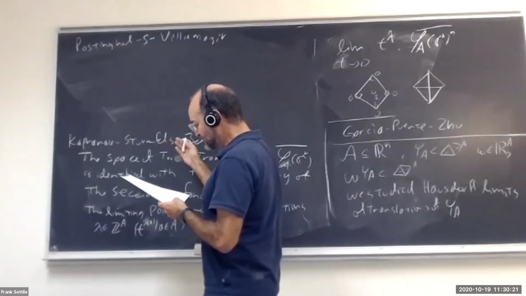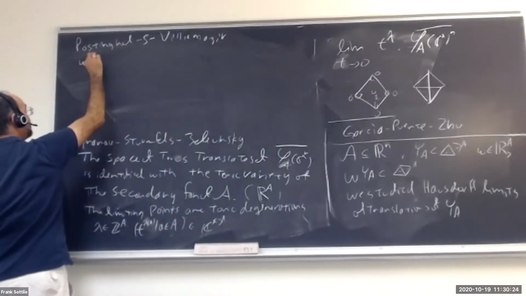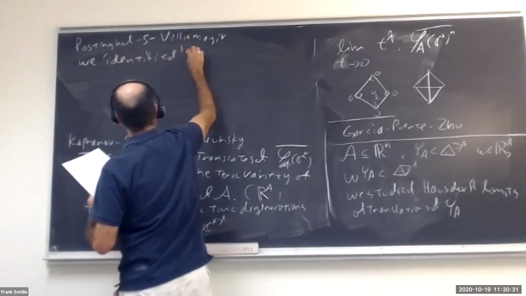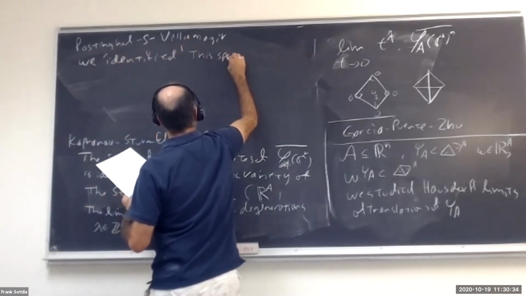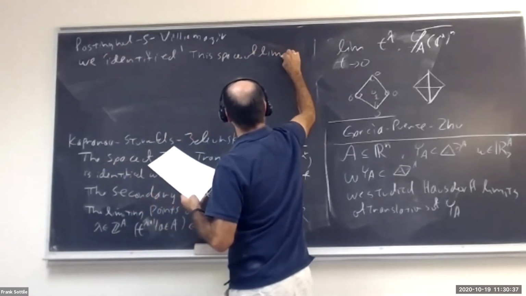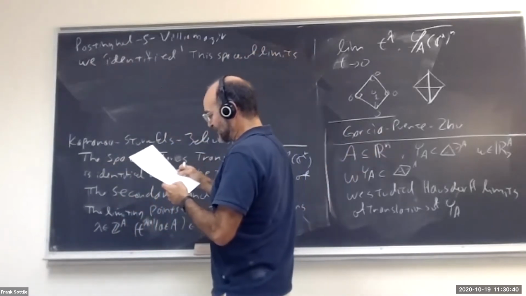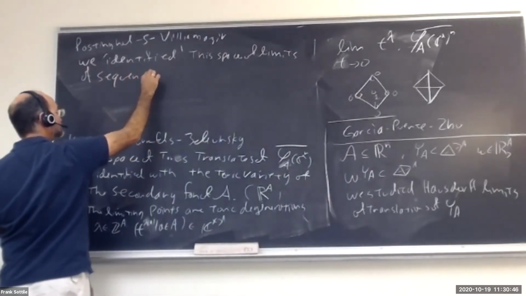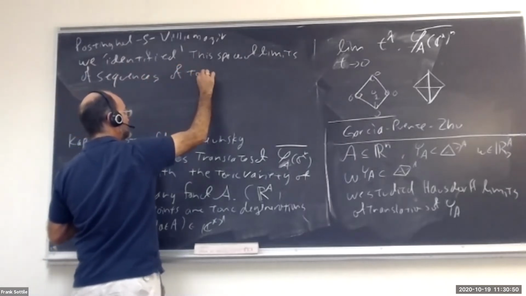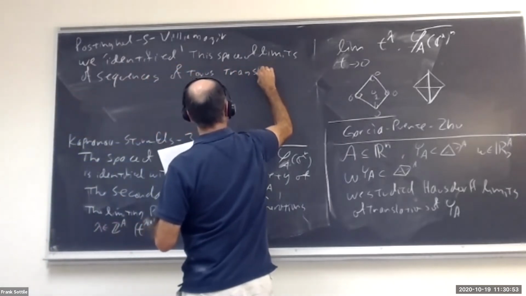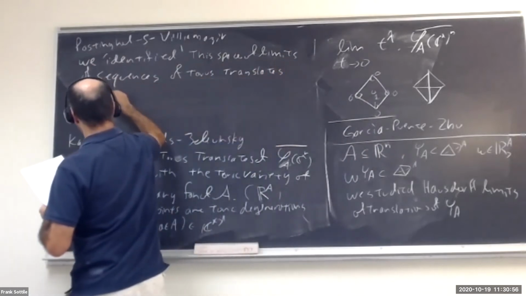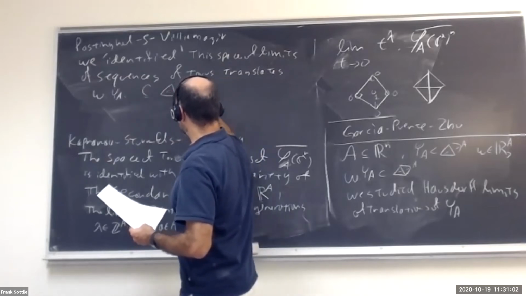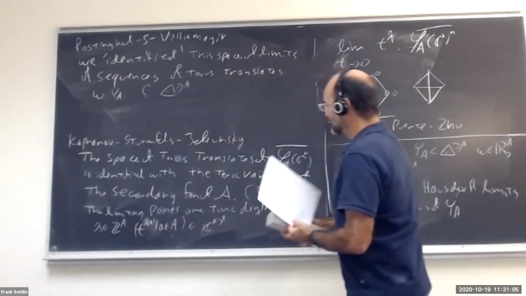Anyways, what we studied is we identified, in a sense, this space of limits in this setting, limits of sequences of torus translates of the toric variety, all inside of the compact simplex.